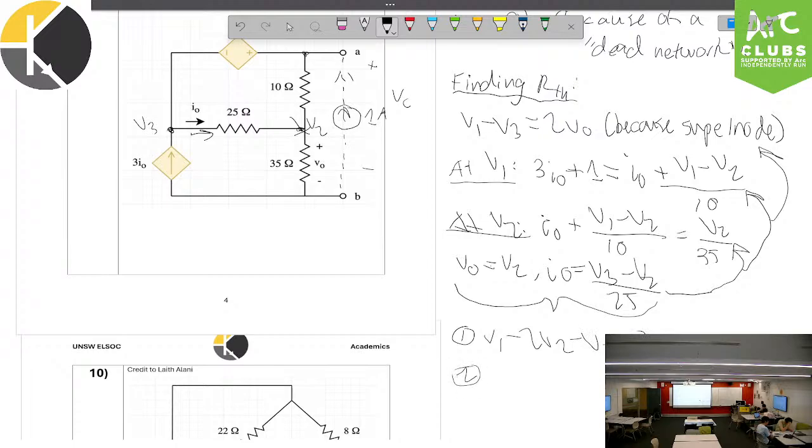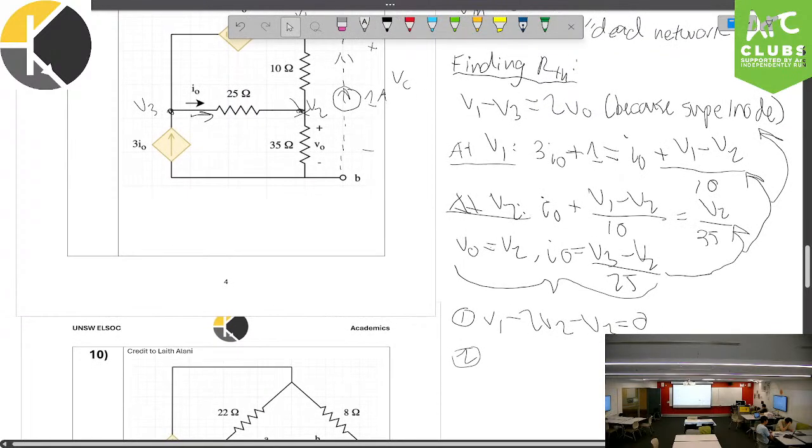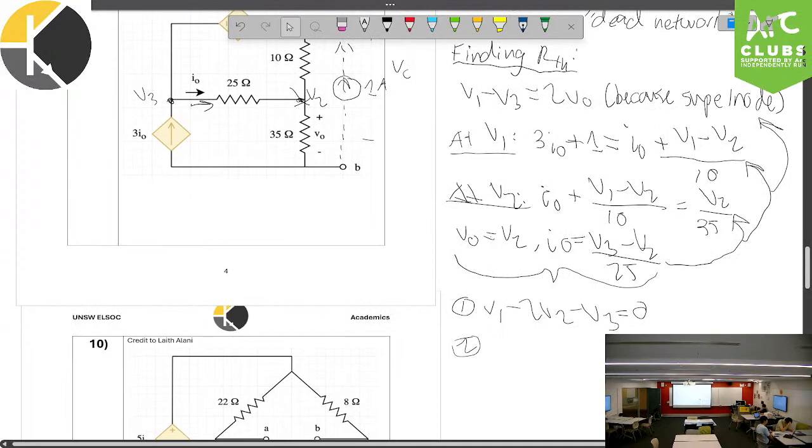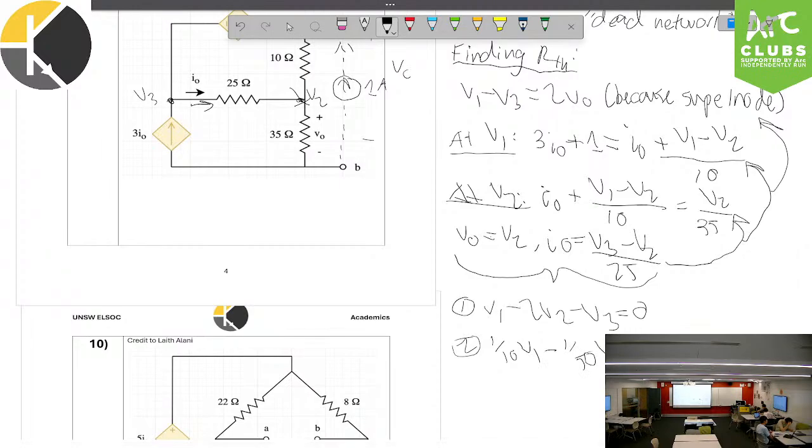Our second equation, which comes from KCL at V1, is 1 on 10 V1 minus 1 on 50 V2 minus 2 on 25 V3, and that's equal to 1.